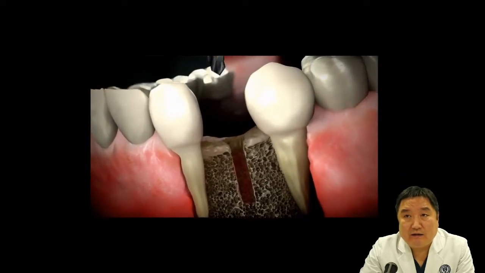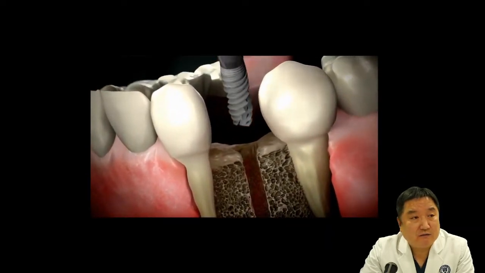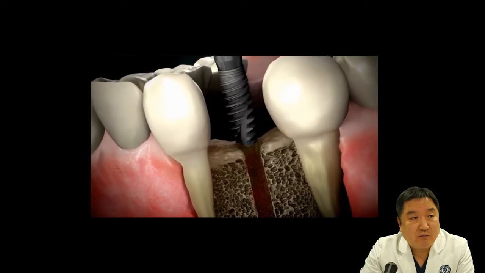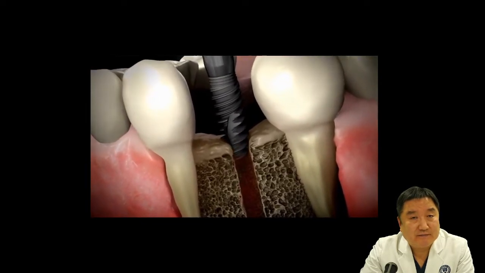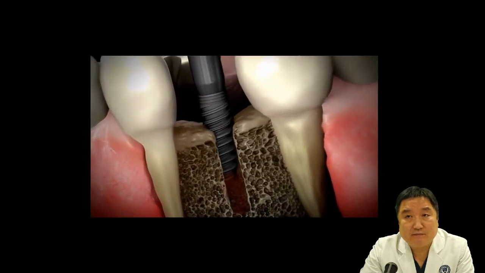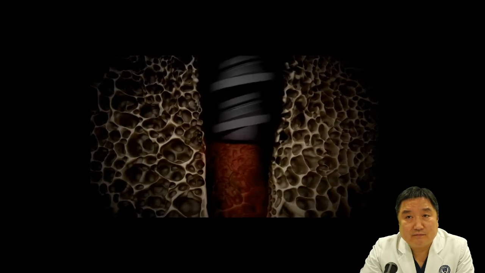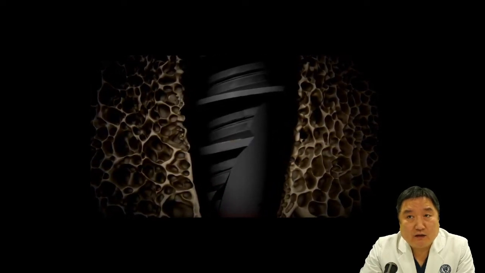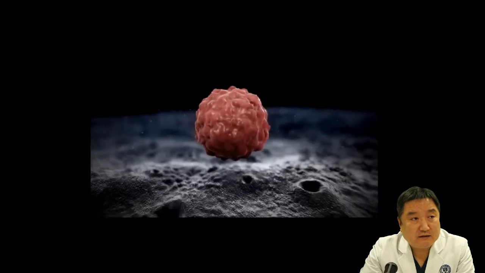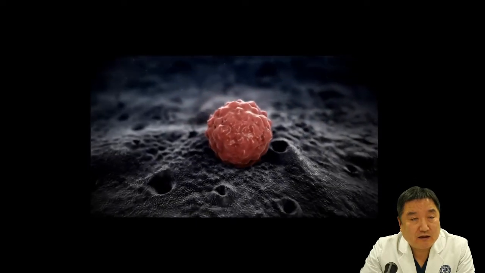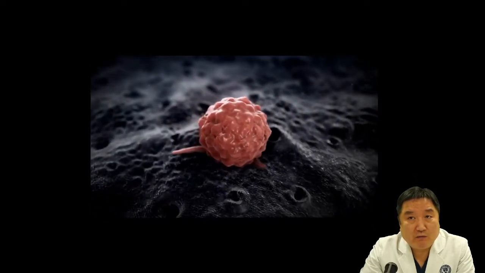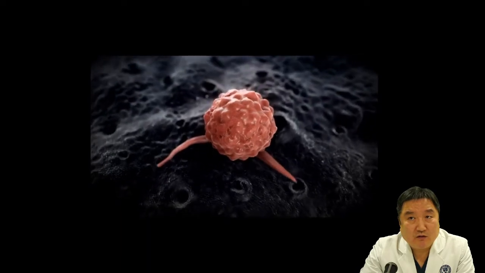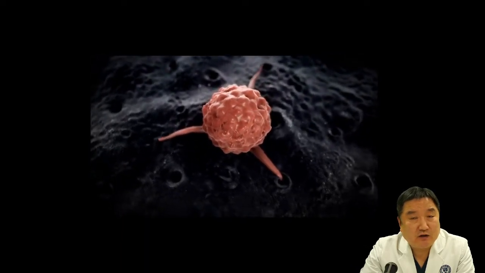And they will come into contact with the titanium surface upon the surgery. Those cell proteins and cells on the titanium surface will provide all the sources for bone growth and osseointegration.